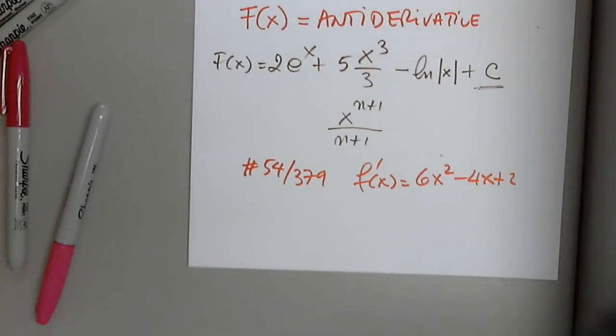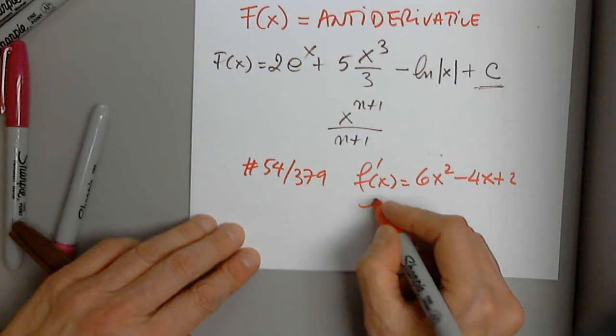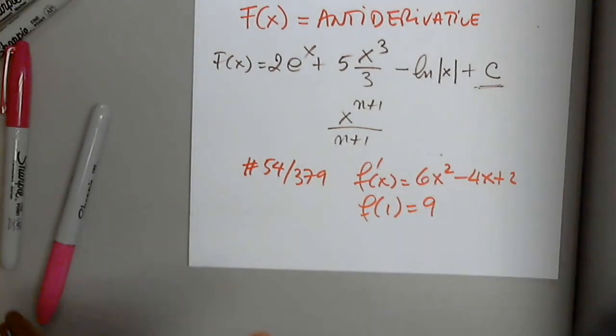And we are told f of 1 is 9. So, specifically, they're telling us, find a function. And you will find only one, because only one will also comply with a given condition. Not a family of functions for any c. This is a condition that allows us to determine that particular c.